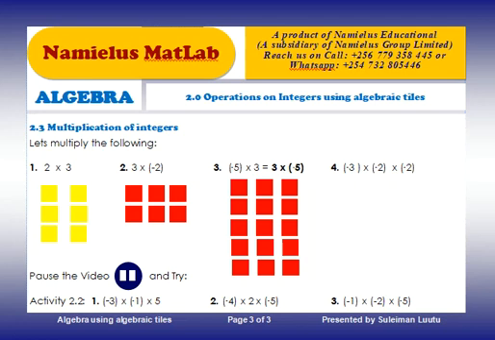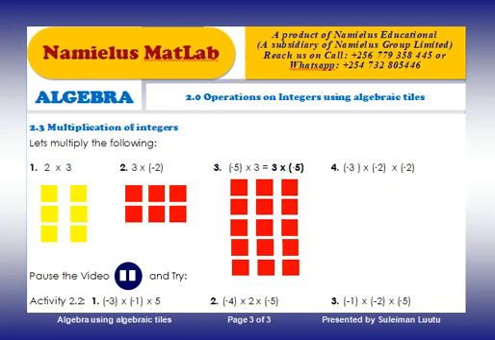Now as we go on, we are going to look at number 4, -3 times -2. So what we are going to do, we are going to have -3, 2 times, but those times are also negative. Be very careful with this.